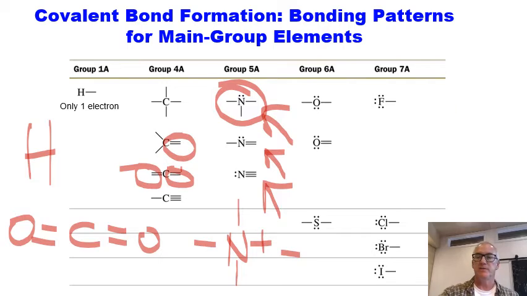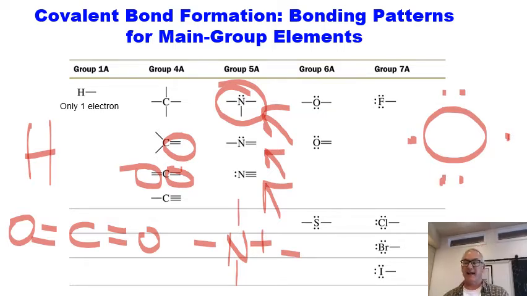So oxygen, we put an O in the middle, and then we put the dots for electrons around it. We go 1, 2, 3, 4, 5, 6. So I've got 6.